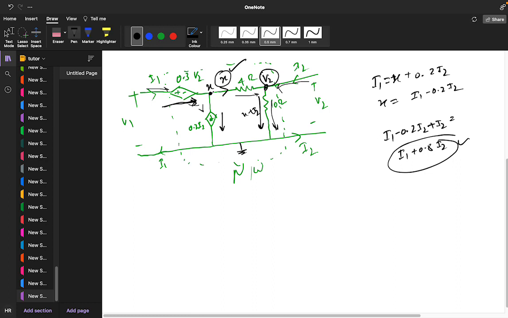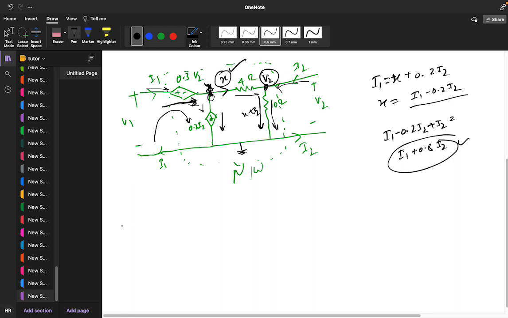We know the branch of this; assume this as y, because we have taken x as a current. We know the value of x is I1 minus 0.2 I2. The same current, if you want to find it, just put the nodal analysis at this particular junction, or apply the KVL.